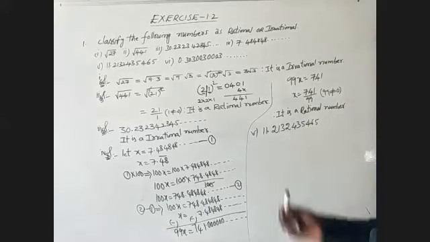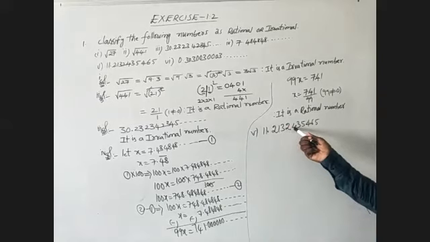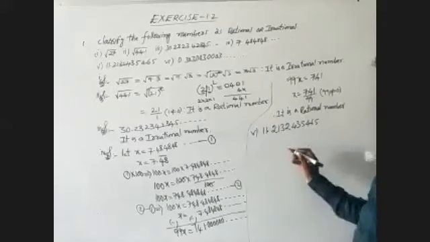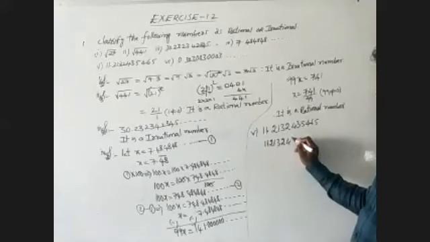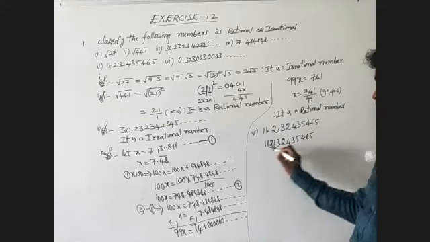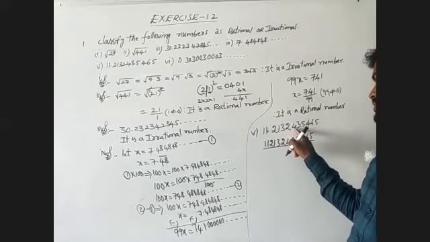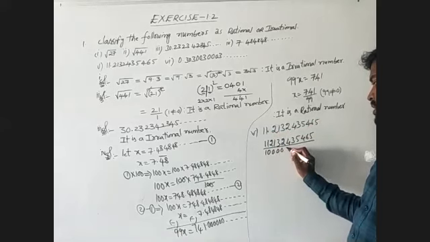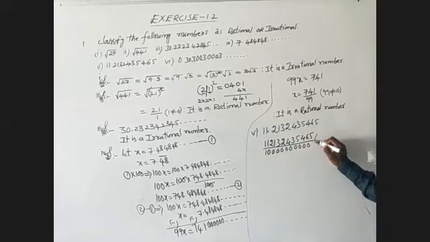11.2132435465. After the decimal point the given number has 10 digits: 1, 2, 3, 4, 5, 6, 7, 8, 9, 10. We take 10 zeros in the denominator, 1 followed by 10 zeros.